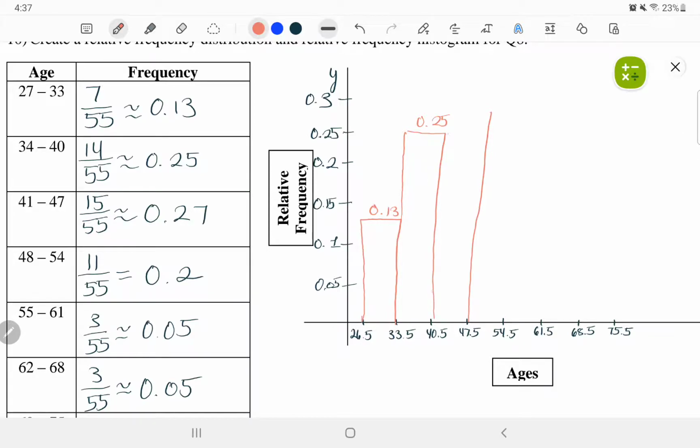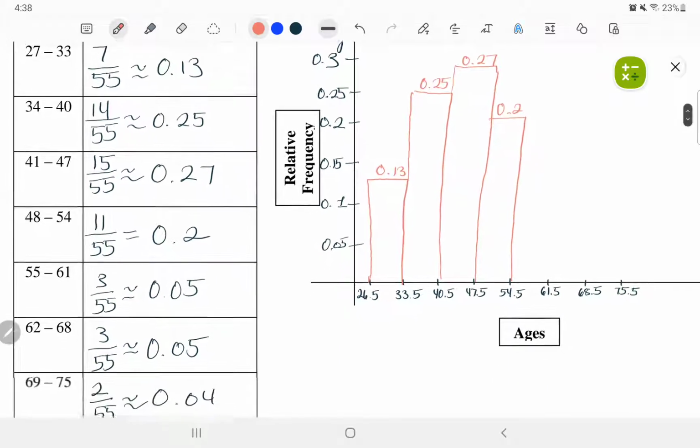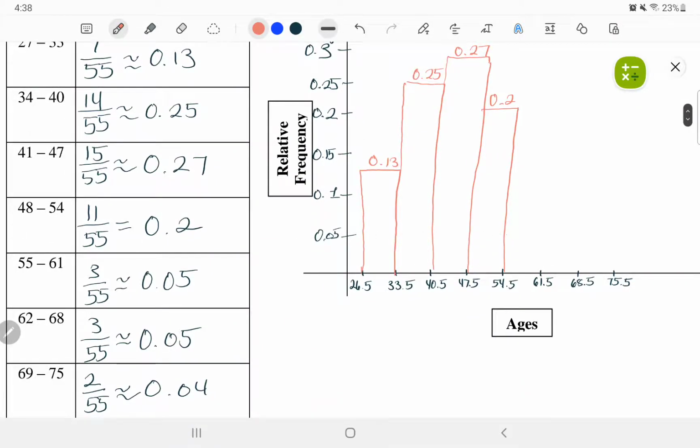I kind of want to make sure this is looking good. Then 0.2. Then 0.05 twice. And then 0.04.